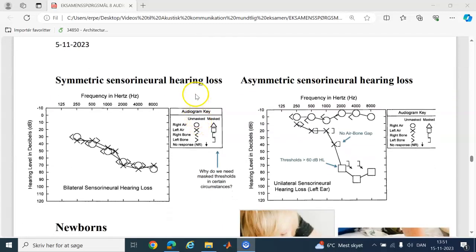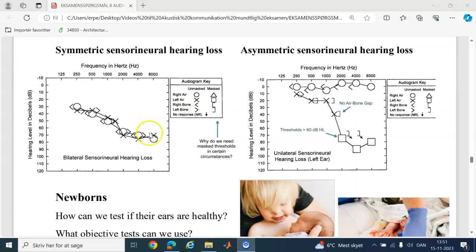Symmetrical sensorineural hearing loss can happen when the hearing loss level increases with frequency to more than 20 dB hearing loss, and it is a bilateral sensorineural hearing loss.